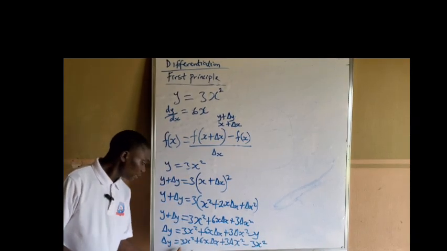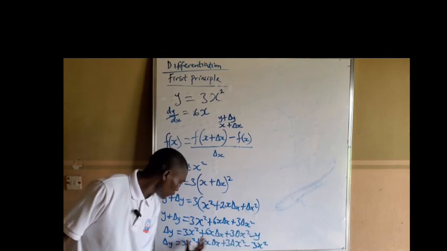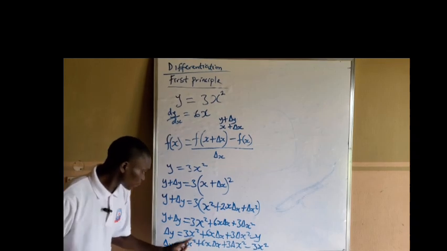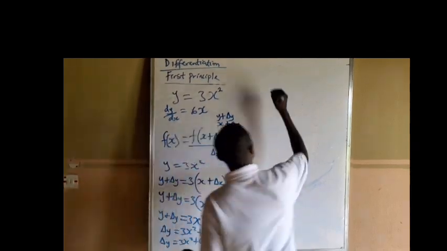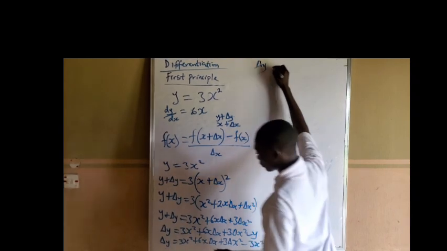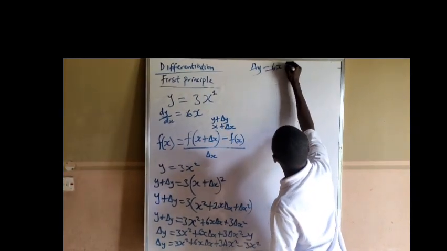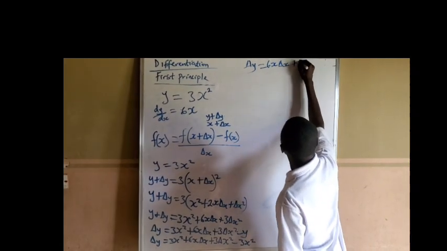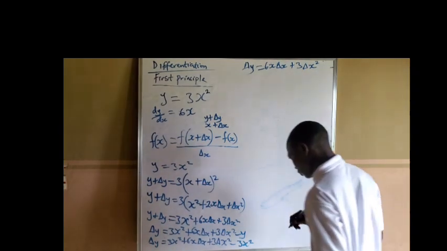It's just like having 2 here, and we have minus 2 here. So 2 minus 2 will give us 0. So this, we cancel this. They will turn to 0. So we have change in y equals, we are left with 6x change in x plus 3 change in x squared.